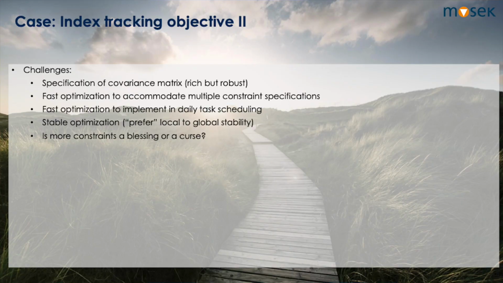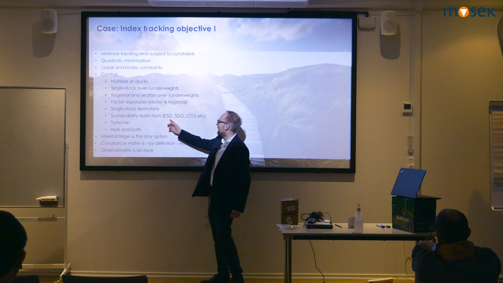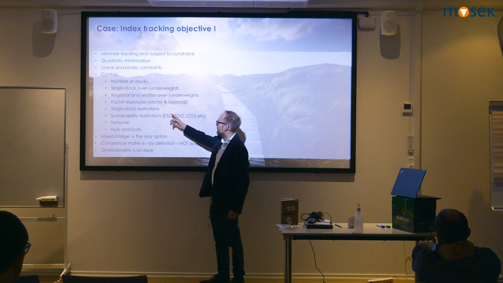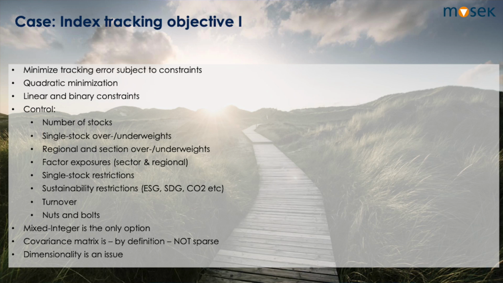So I think that's one of the things that we're still struggling with, to figure out what's an appropriate number of constraints. Going back to constraints, for instance, like these, do we gain anything if we put these at either sector or regional level, or should we just stay at the overall portfolio level? Do we gain anything in terms of control and speed in terms of optimization?